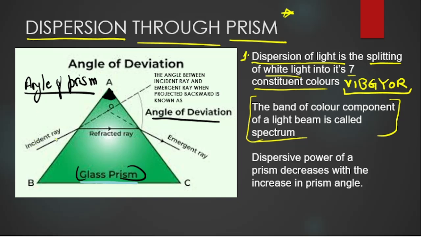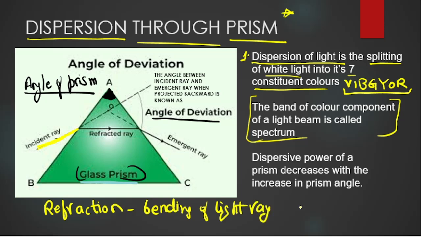When a light ray falls on a glass prism, on one side the light ray first falls like this. Now here refraction will occur. Refraction means bending of the light ray. Why does this happen? Due to a change in medium.